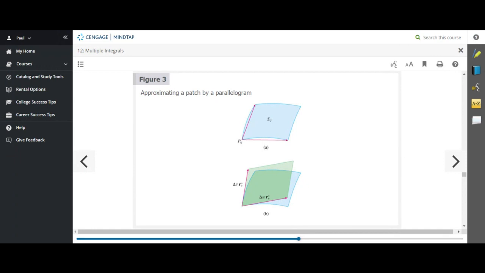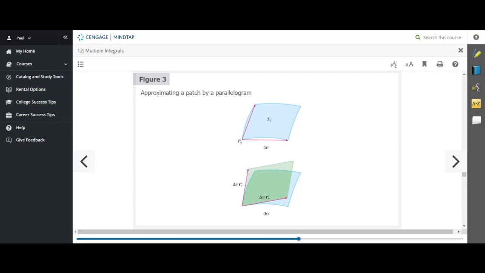The reason you have the delta u and the delta v there is to control how large the parallelogram is. Obviously, if you pick more patches in the quilt and make the patches smaller and smaller, the areas of those patches are going to get better approximated by the areas of the parallelograms.